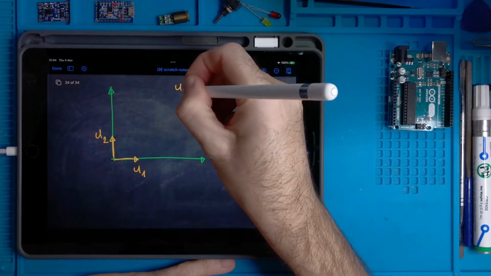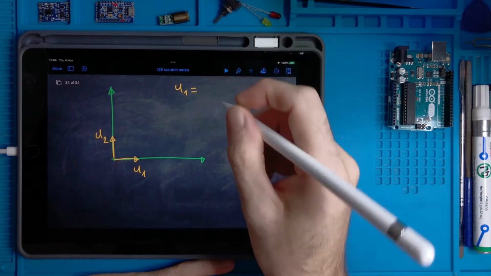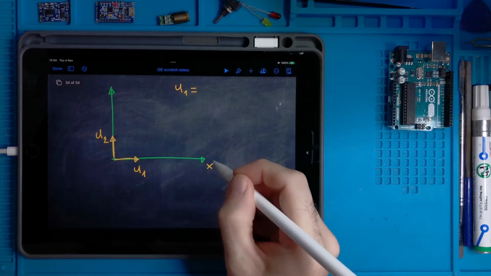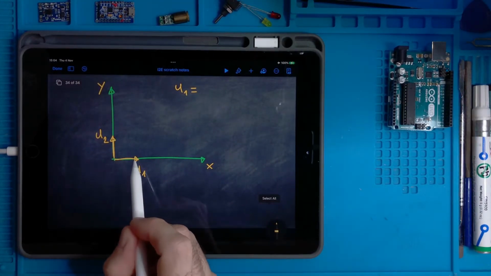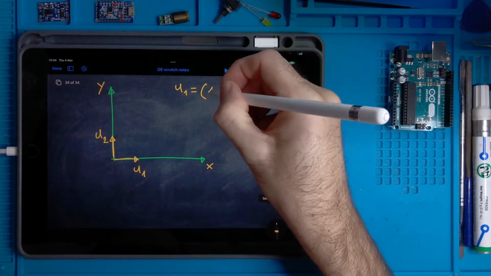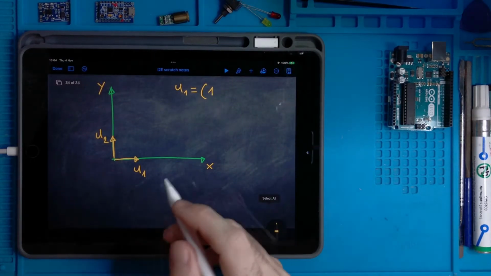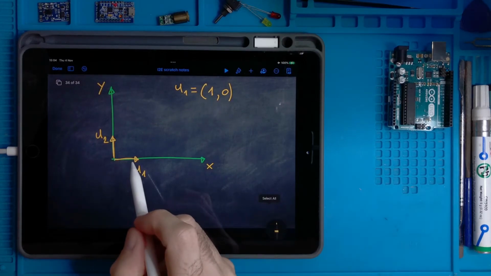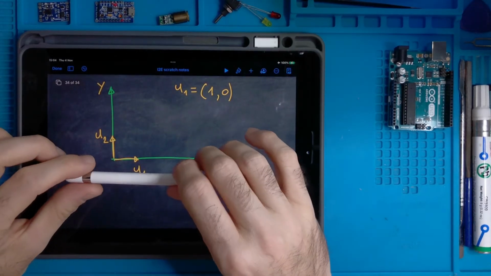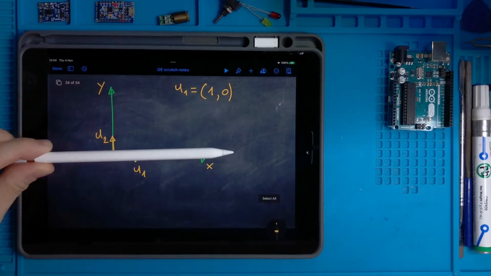The vector u1 has 1 as x component and 0 as y component, because it's completely parallel to the x-axis.